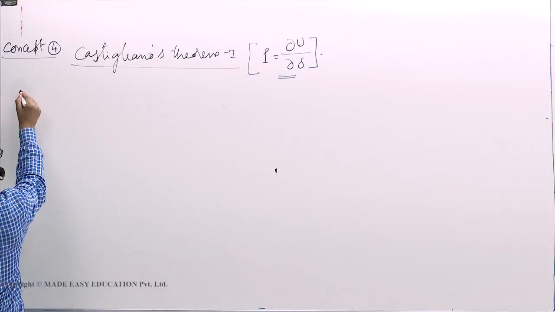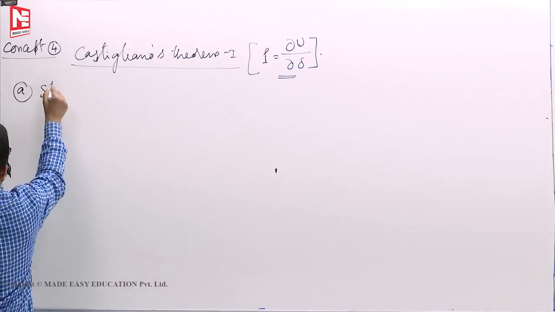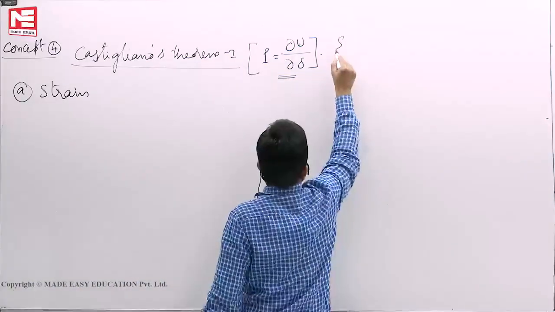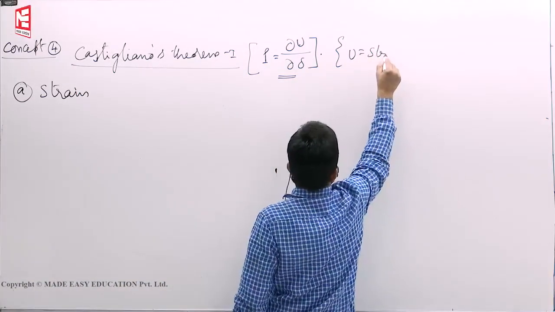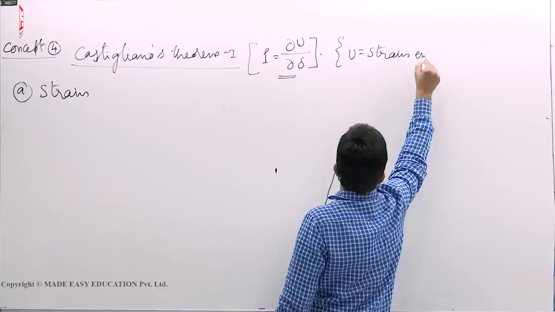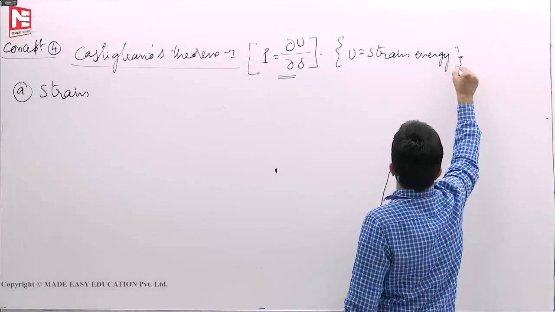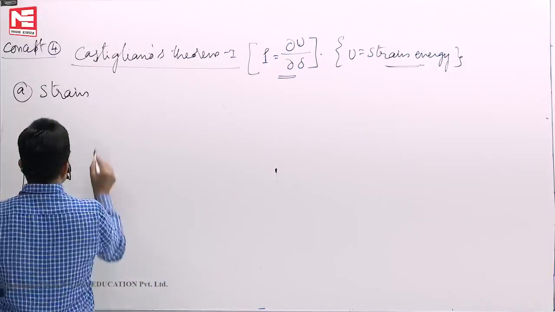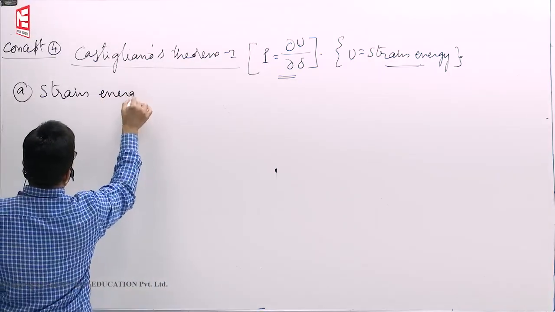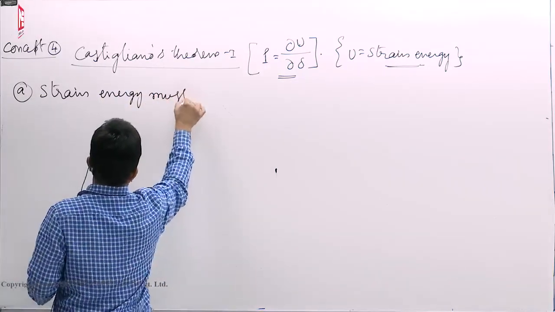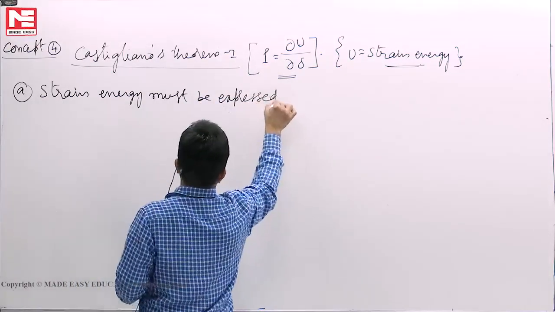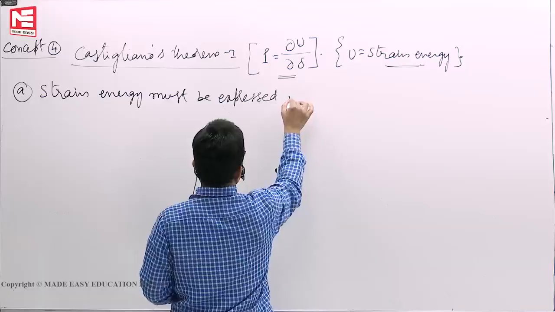So in this, the first point is, this U is strain energy. Strain energy must be expressed in terms of displacements only.